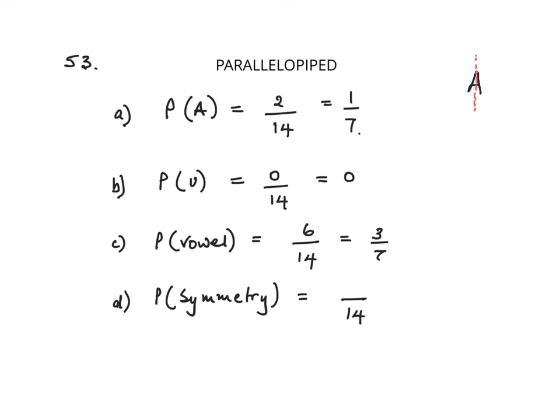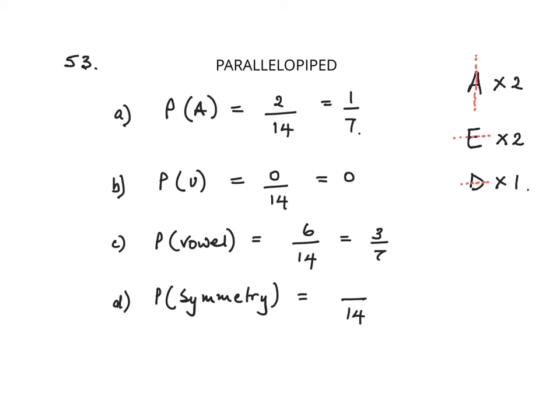There are 2 A's, so I've got 2 lots of A. We have the letter E as well, and that has a horizontal line of symmetry, and there are 2 E's. Now we also have the letter D, and D has a horizontal line of symmetry, only one D.